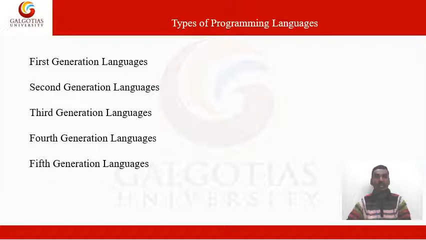Types of programming languages. Just like the generations of computers, there are also generations of languages. First is first generation language, then second generation language, third generation language, fourth generation language, and fifth generation language. So there are five generations of language in the industry. Now we will see about each programming language in detail.